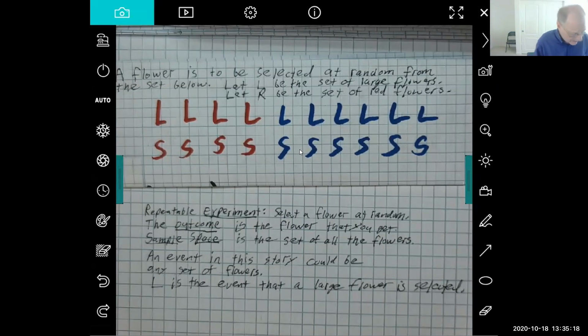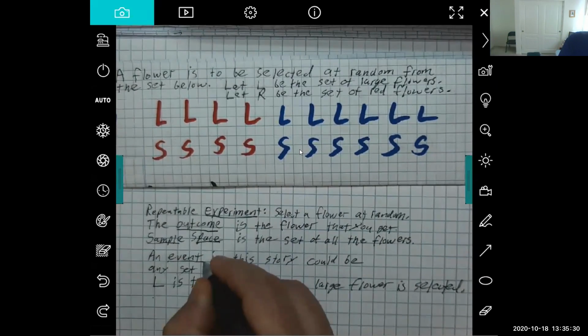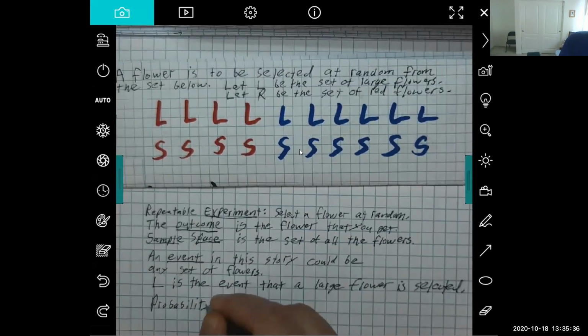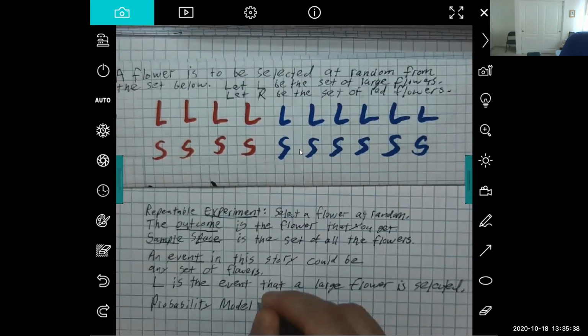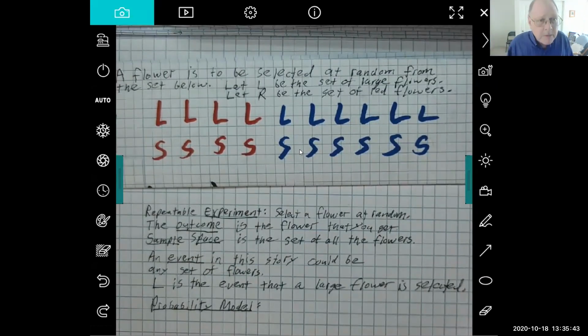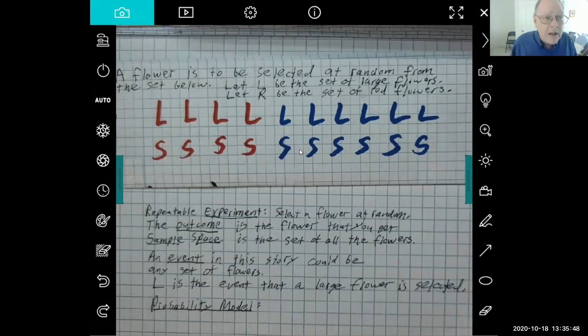Okay. Now let's make a probability model that would let us predict the probabilities of events. And so our model could assign probabilities to all the outcomes, all the elementary events, sets containing just one outcome.